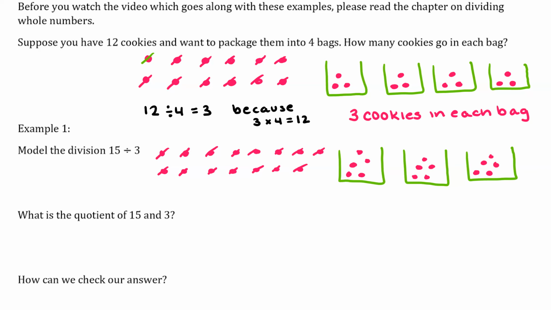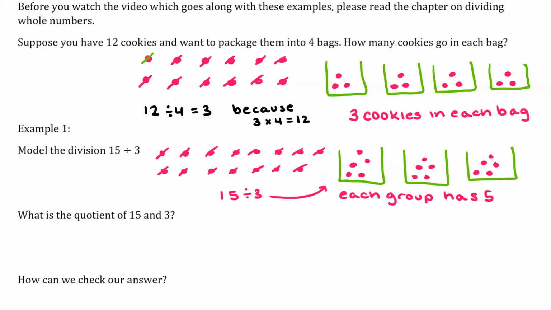So 15 divided by 3 looks like this. We had 15 and we broke them into groups of 3, and each group has 5.